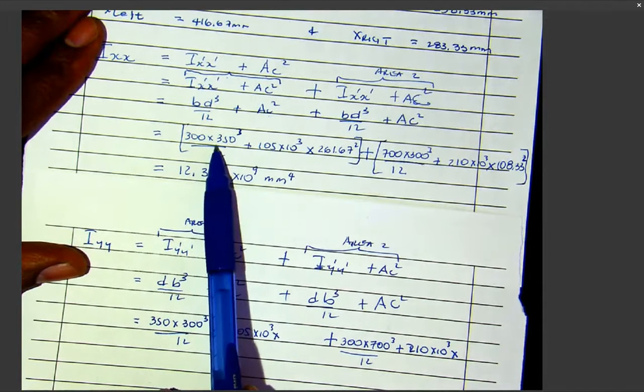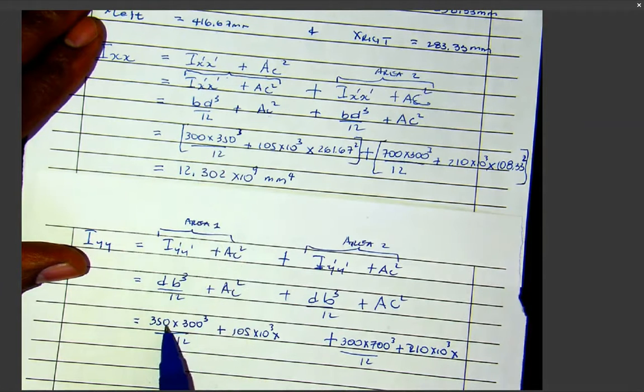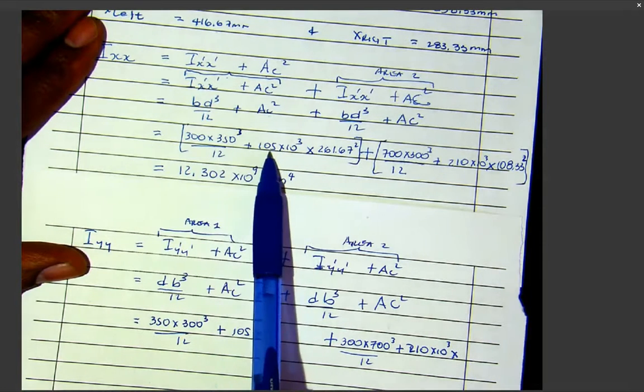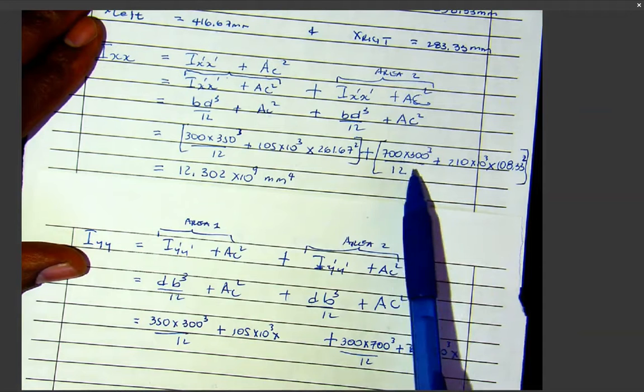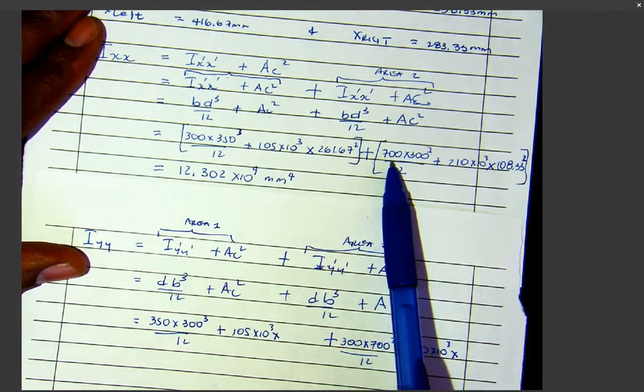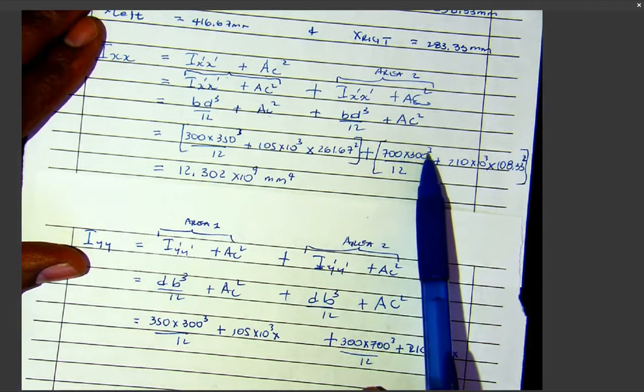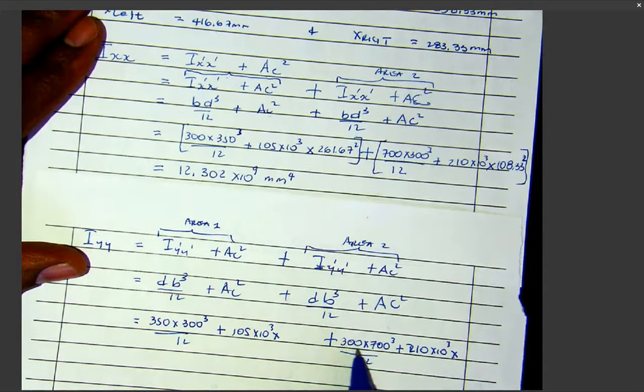I just swap them around. The area is still the same; the only thing that is going to differ is your C. Same applies here. Before it was 300 times 700 cubed, now I've got 700 times 300 cubed divided by 12, or 300 times 700 cubed divided by 12. The area is still the same.